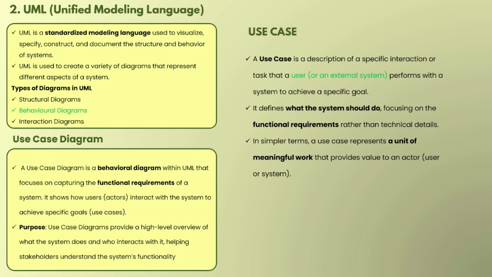A use case is nothing but a description of one specific thing a user does with the system, like applying for a loan or checking a loan status. We can say that applying for a loan is a use case, and we can write the details of how someone can apply for the loan. Then checking the loan status is another use case, because it is a different thing.